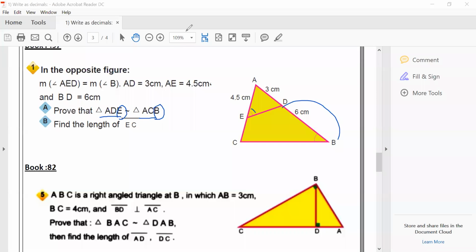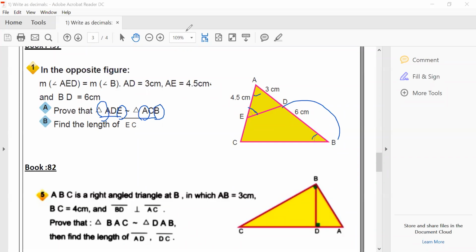I have only one angle, E equals B. What else equals the other? A. Yes, because it is a common vertex. Excellent, Hannah. A is a common vertex, or common angle between the two triangles.